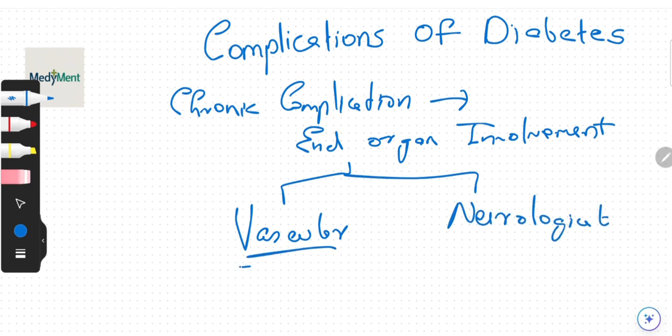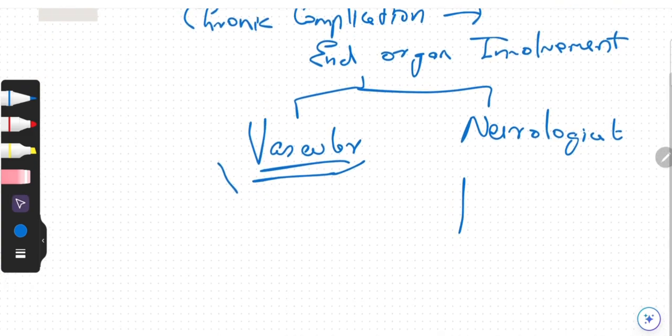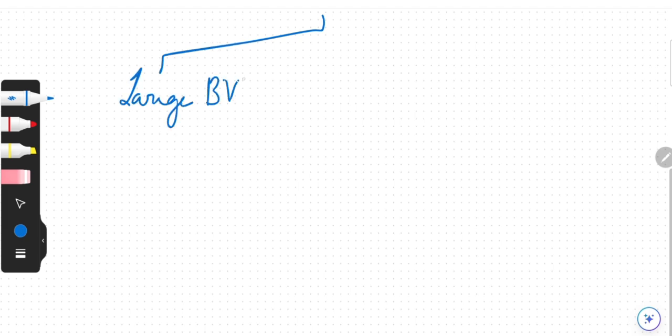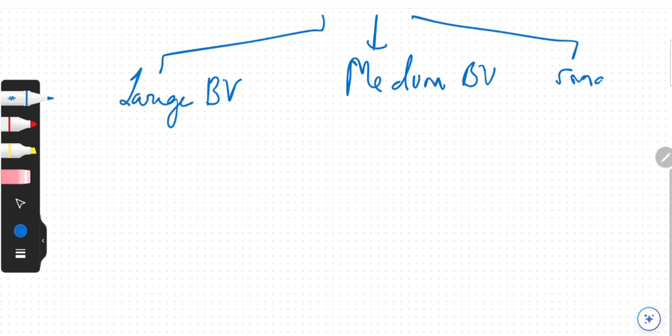Now let's talk about the vascular causes. Vascular causes, first we can divide into three places: large vessels, medium blood vessels, and small blood vessels.